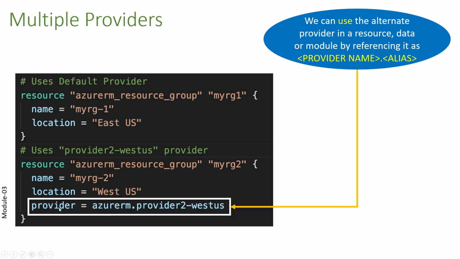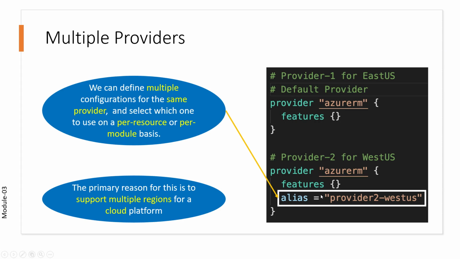You specify the provider, and then provider name dot alias name. If you see provider 2 West US, this alias name you got from the provider block. You mention the alias name in your provider block and then refer to it in your resource block.